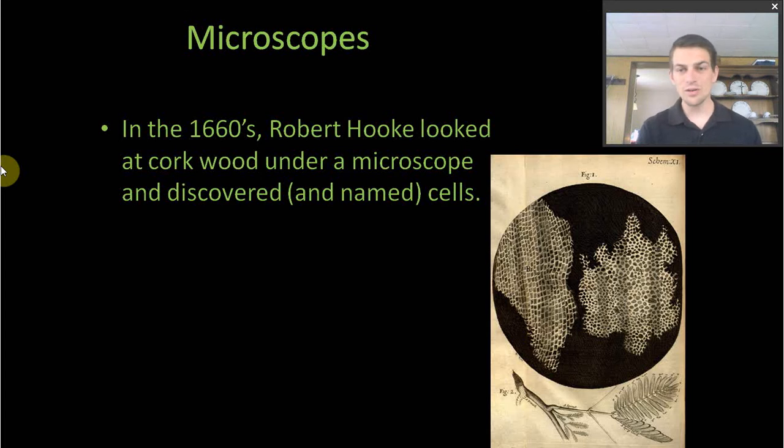And he discovered these little compartments that he named cells. And you can actually see one of his original drawings down in the bottom right of this slide. Here's what he observed. And you can kind of see where he was looking on this picture of a plant here. But he looked under a microscope and he saw these little compartments, and he thought, oh, that's interesting.